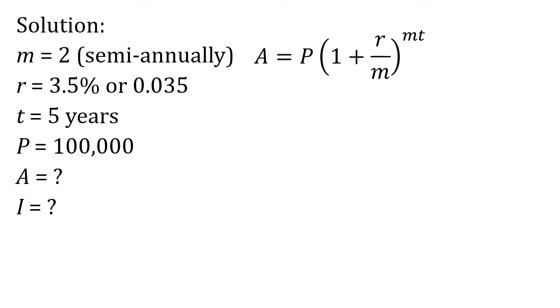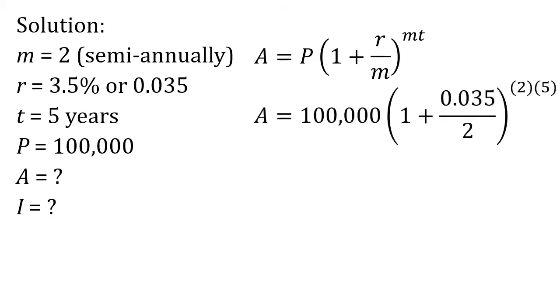So let us make use of this formula first. A equals P times (1 plus R over M) raised to MT. So A is equal to 100,000 times (1 plus 0.035 divided by 2) raised to 2 times 5.